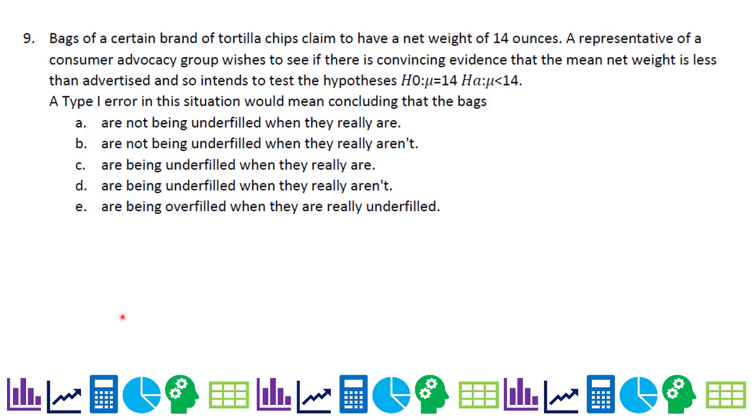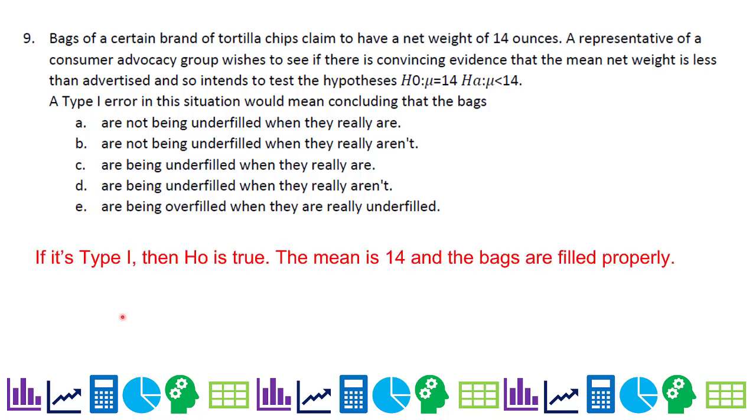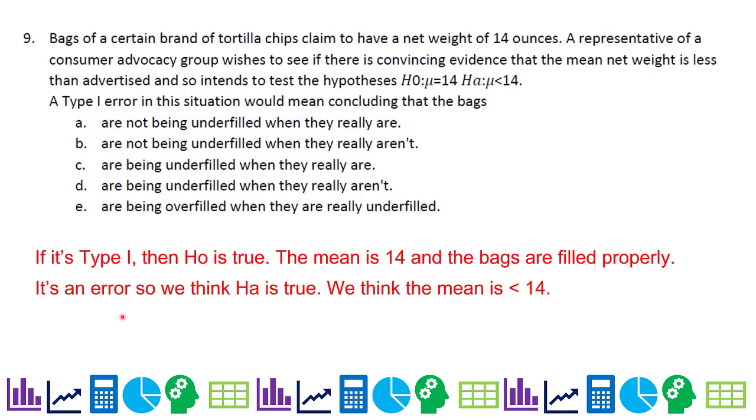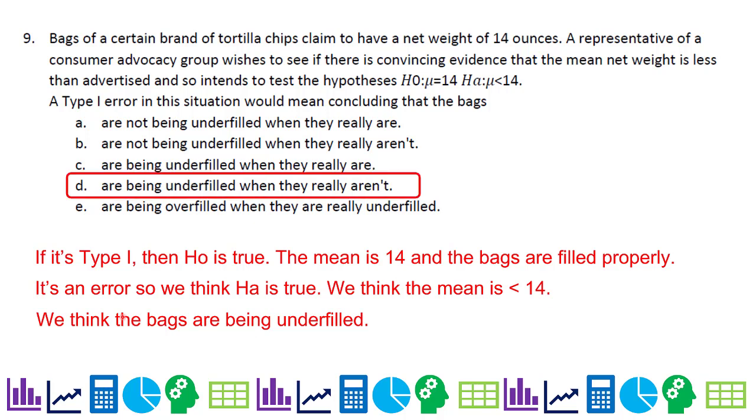A type 1 error in this situation would mean concluding that the bags, well, if it's type 1, then our null is true. The mean is 14 and the bags are filled properly. But if we're making an error, we think the alternate is true. We think the mean is actually less than 14. So we think the bags are being underfilled, but they're not. So that would be choice D.